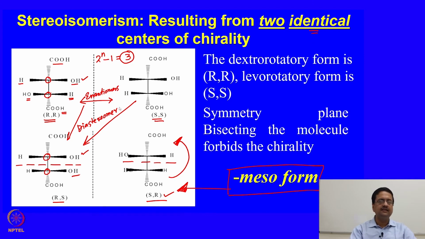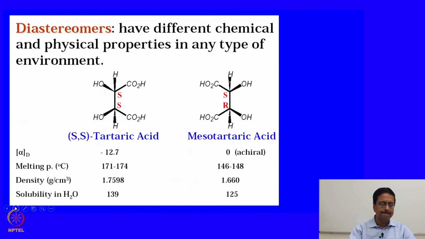Diastereomers means they are not mirror images of one another. When we talk about diastereomers, we should know the difference between the diastereomeric pairs.